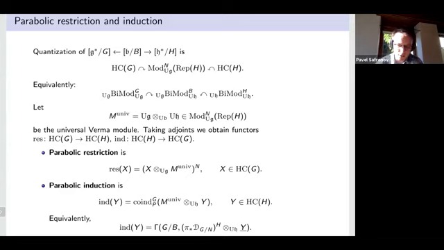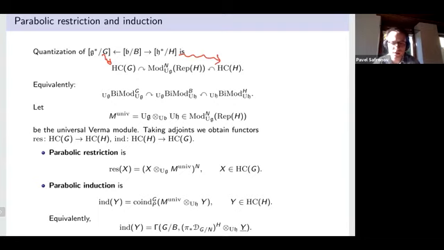So as I said, G dual mod G quantizes to a monoidal category, which is the category of Harish-Chandra bimodules for G. H dual mod H quantizes to another monoidal category, which is the category of Harish-Chandra bimodules for the torus.